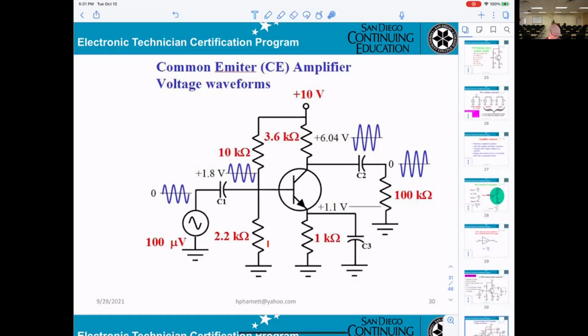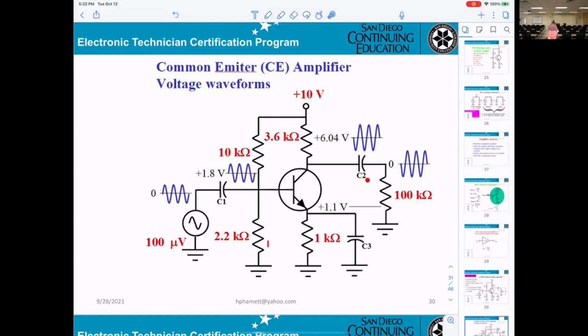If you compare the sine wave here and the input here, one goes up, the other goes down. That means they are opposite, or we can say they are 180 degrees out of phase. So this capacitor does not allow the 6.04 to go to the output. Only the sine wave goes to the output.